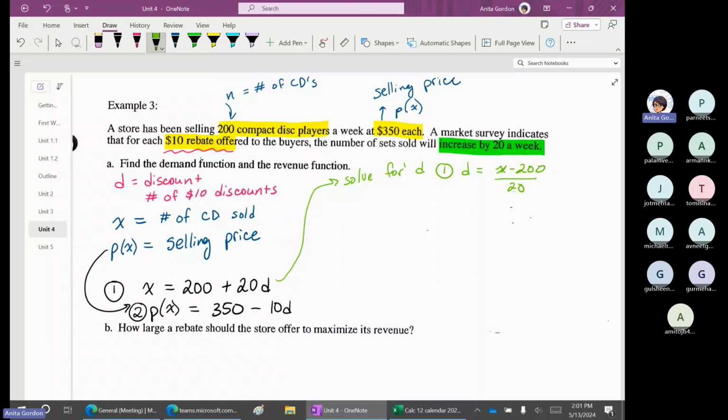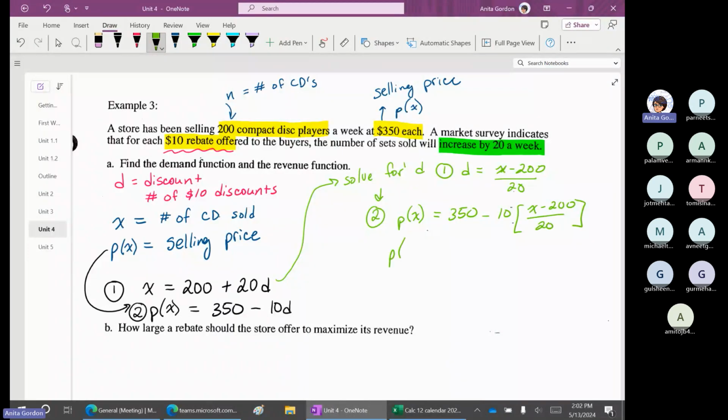Are we happy with that? Now if I substitute this into number 2, the price of the product, small p of x is 350 minus 10 times x minus 200 over 20.